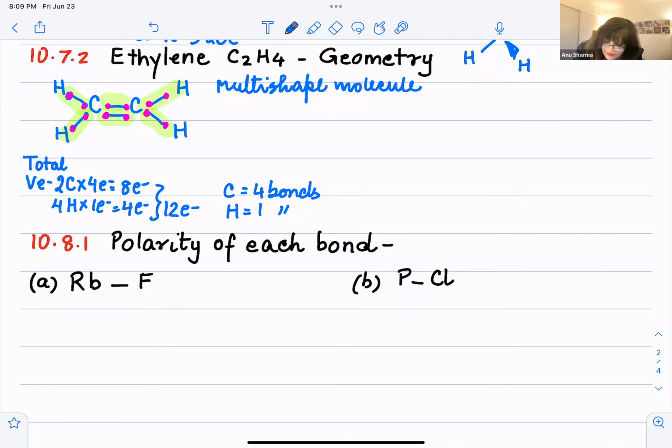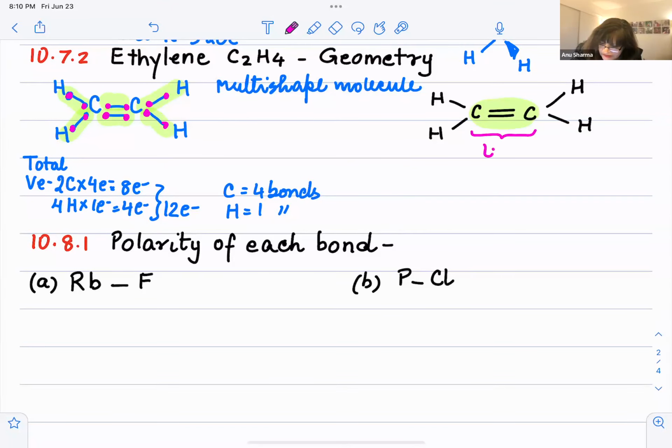In this case, if you look at hydrogen, carbon, hydrogen, double bond, carbon, hydrogen, and hydrogen. So this side in the middle, these 2, this is a linear shape. This side is just flat linear.